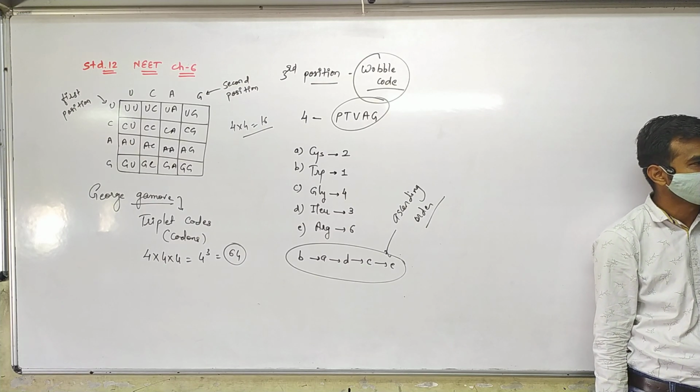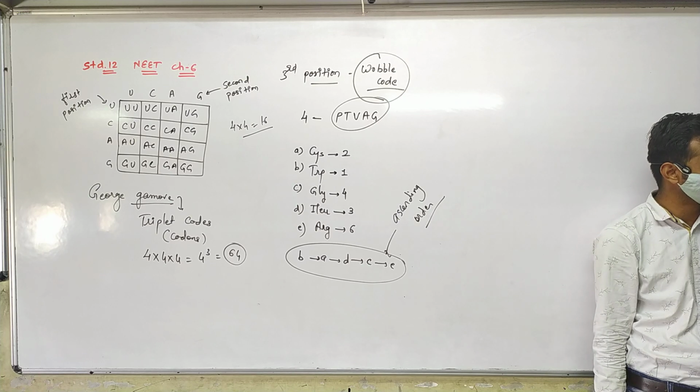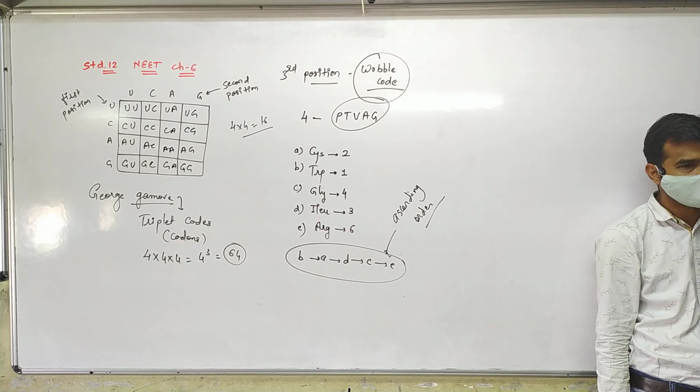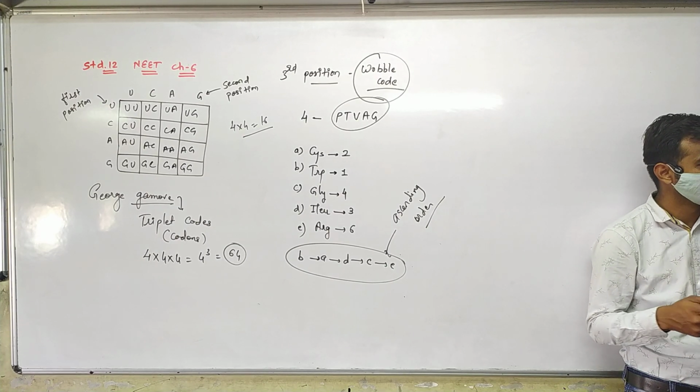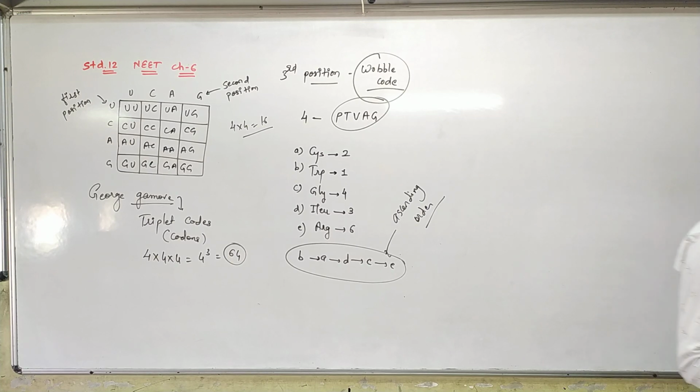Fine? So you have to remember this and the checkerboard. I have given the clue for the checkerboard, and you have to solve all these questions. Okay? So I can stop here now.